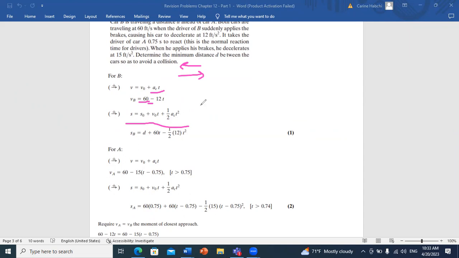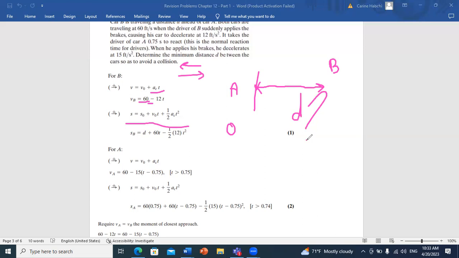Okay, so now in this problem, the important thing is to choose the origin. We have A and we have B. We can take the origin as the initial position of A when B started pressing the brakes. So initially, if this is our origin, B was at a certain distance from A. We want to determine the minimum initial distance between them to not have collision.